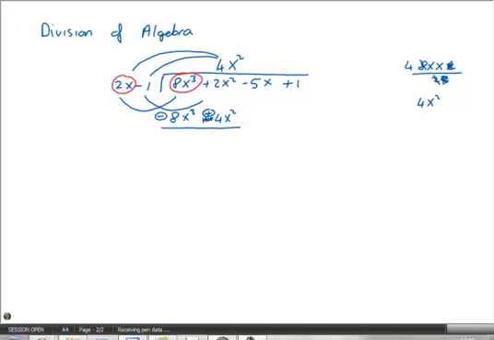Now subtract corresponding terms. So 8x cubed minus 8x cubed, they will cancel for me. 2x squared plus 4x squared, 6x squared. The minus 5x drops down, and you just start the entire process all over again. First into first. So again, my first is the 2x. This time my first is 6x squared.